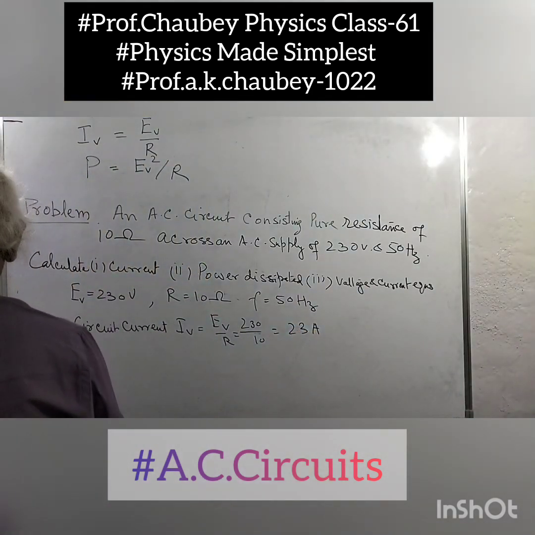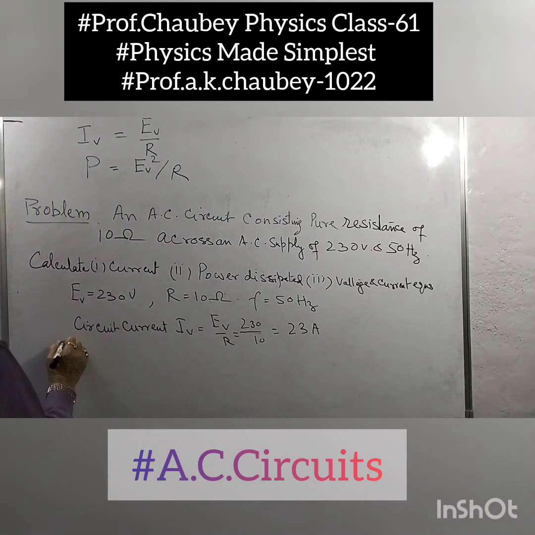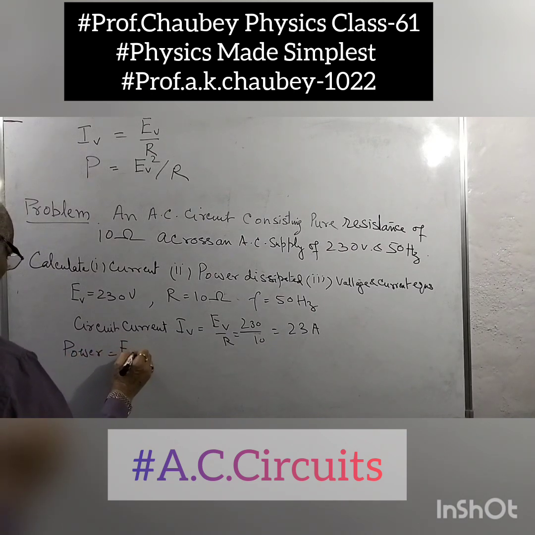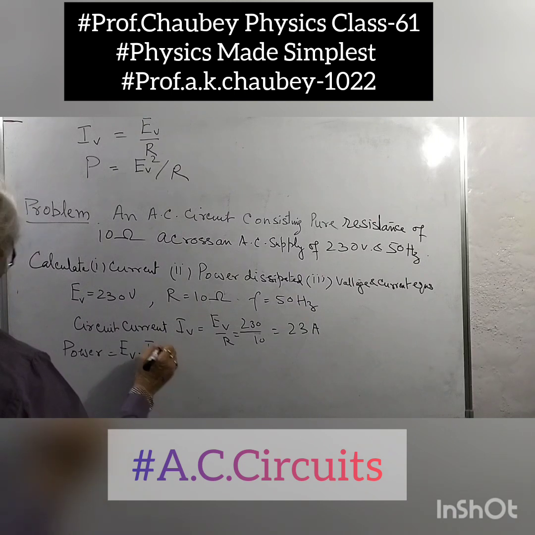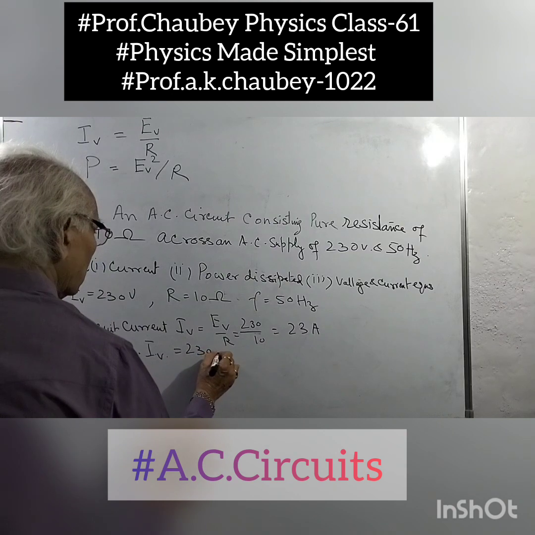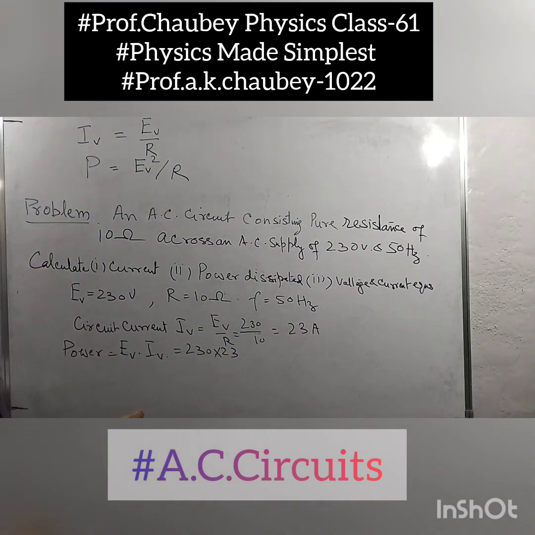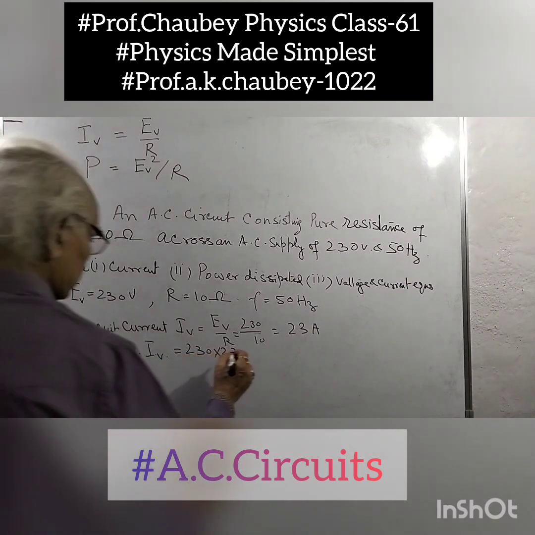And power dissipated is EV into IV, which we calculated earlier. IV is 23, EV is 230, so 230 into 23 is 5290 watt.